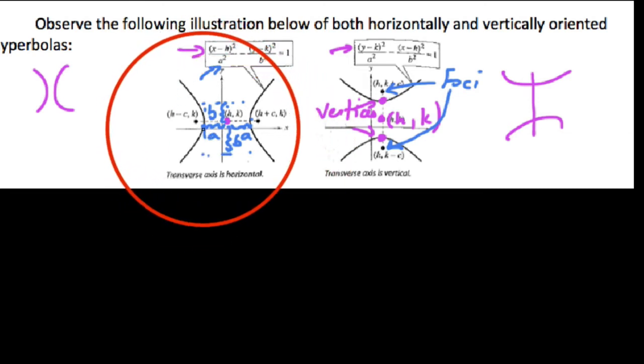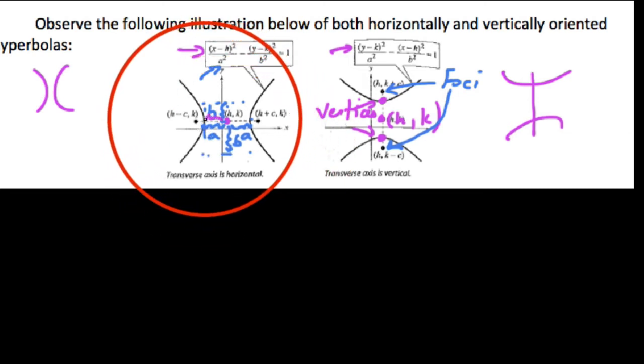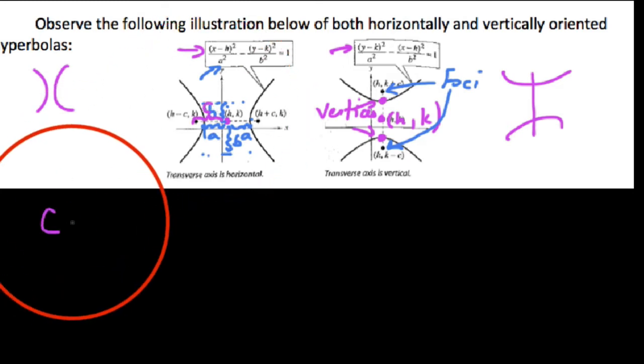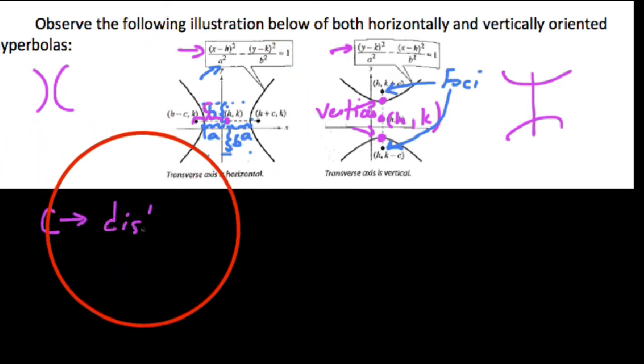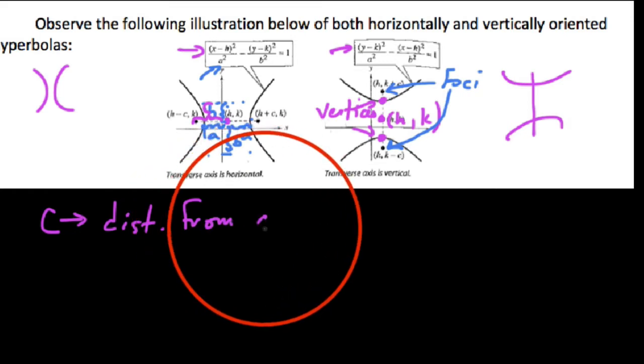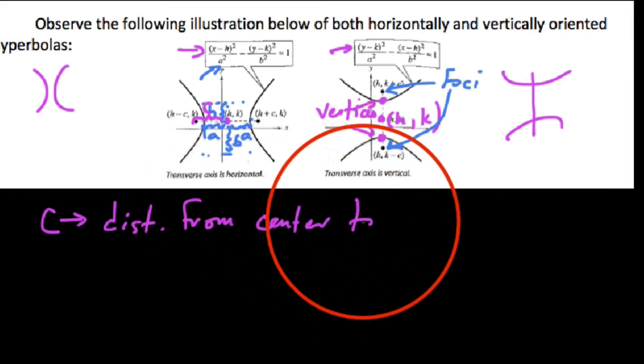But essentially, we would say the distance from the center out to a focus is C. So we say C is the distance from center to the foci.